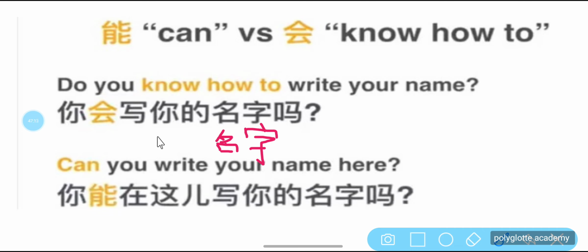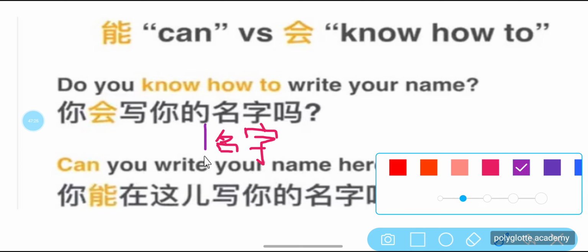The famous phrase that most children and most learners know. 名字, this is the 名字. So if you have never seen the 名字, then this is 名字.